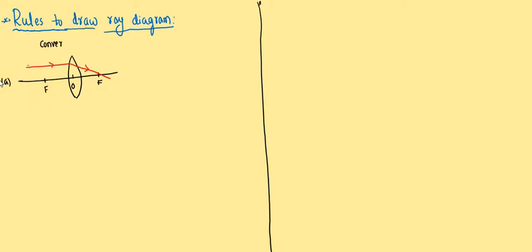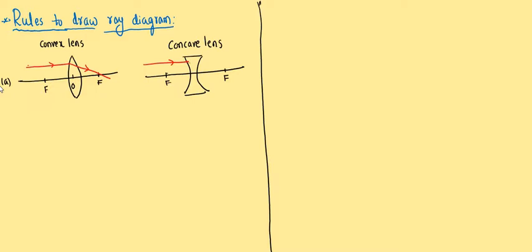And in case of concave lens, what happens? How will it be? And this is a concave lens. When a parallel beam of light rays is incident on the concave lens, this is the focus, and this is also a focus. Let us see here, we will take one parallel light ray.